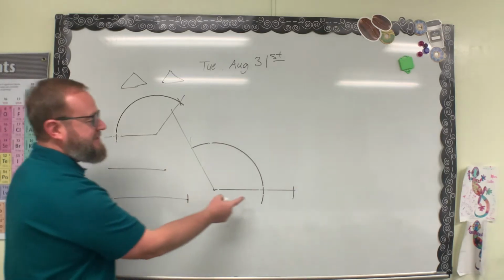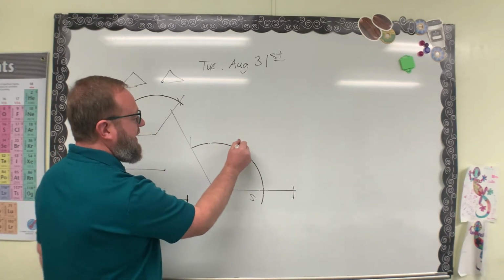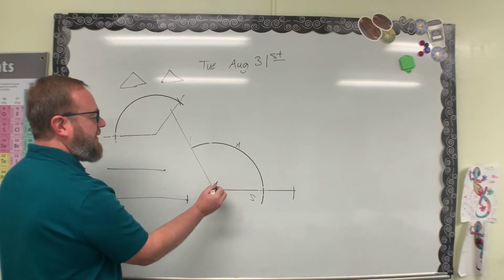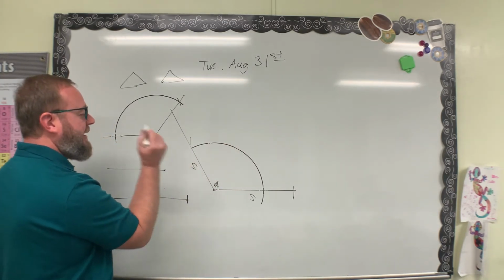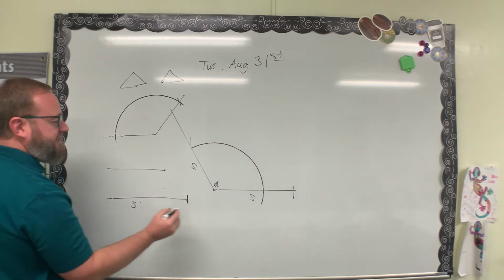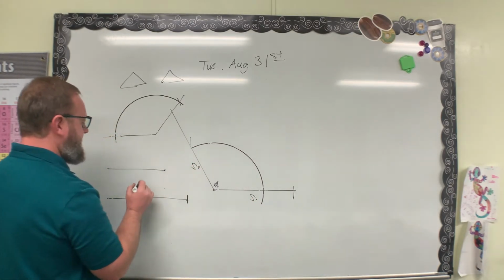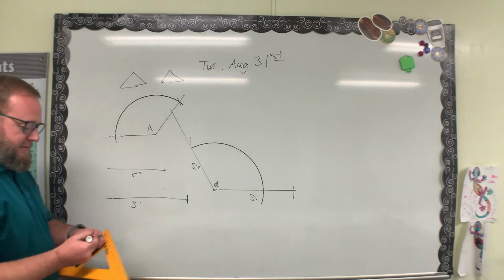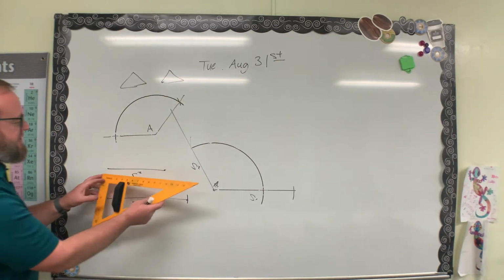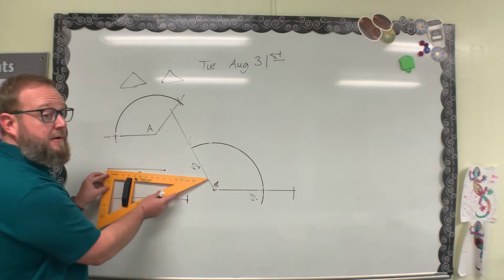I have my side, I have my angle, really this is the angle here, and my side. So this is the first side, this is the second one. What do I do? Just measure this? See how long it is?